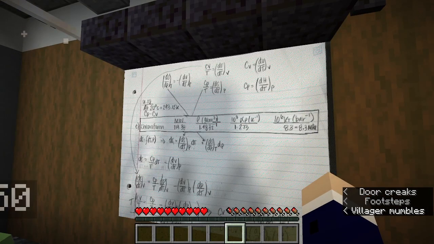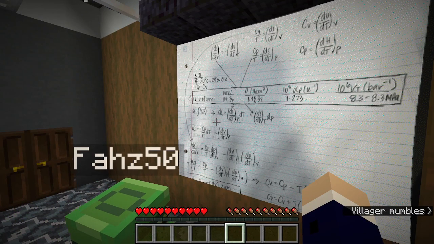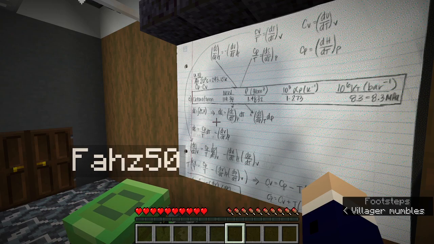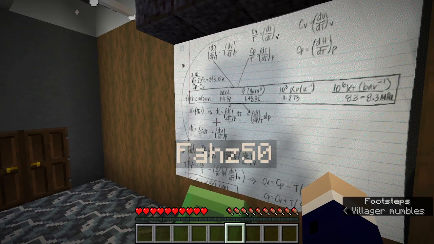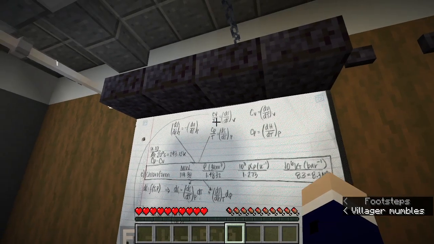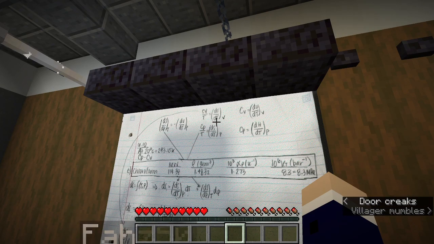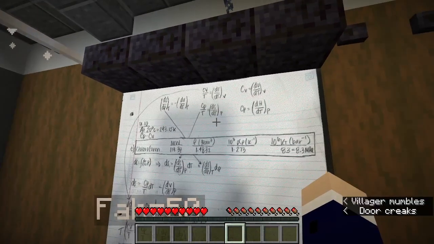To start off finding the relationship between Cp and Cv, we noticed at the top that Cv over T is equal to dS over dT at constant V, and Cp over T is equal to dS over dT at constant P.